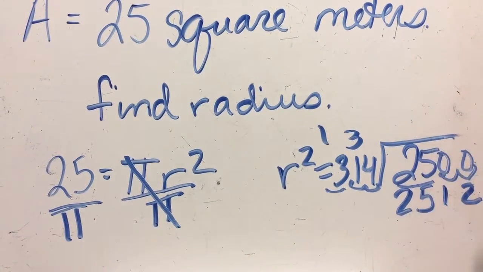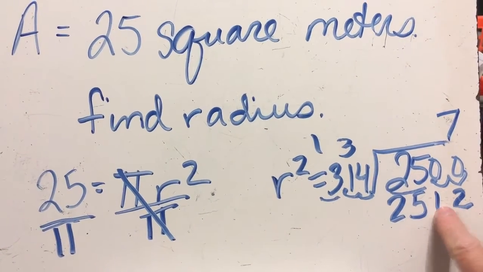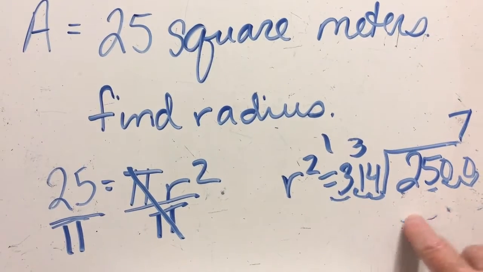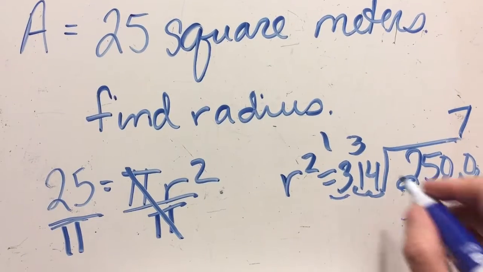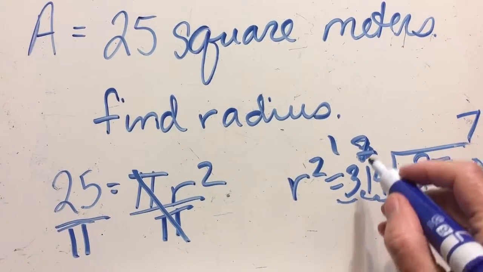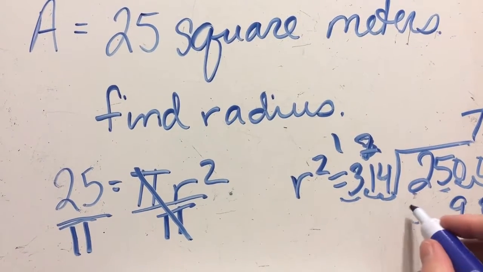We're going to have to put a 7 here. We guessed wrong, so we're going to go back and undo all of that. 7 times 4 is 28. Carry our 2. 7 times 1 is 7, plus 2 is 9. 7 times 3 is 21.